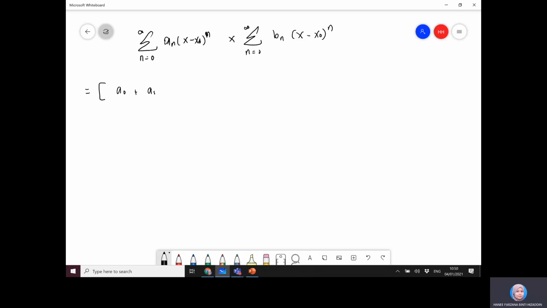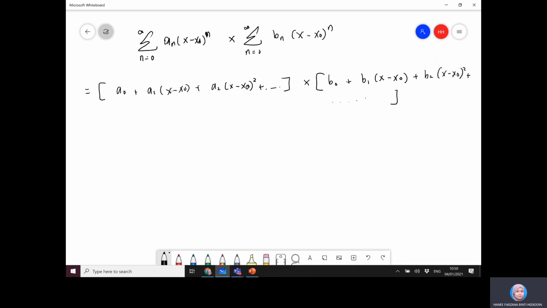So a1 times (x minus x naught) plus a2 times (x minus x naught) squared, plus so on and so on. So you stop the series and then you start with the second series. You have b naught plus b1 times (x minus x naught) plus b2 (x minus x naught) squared, plus so on and so on until infinity.